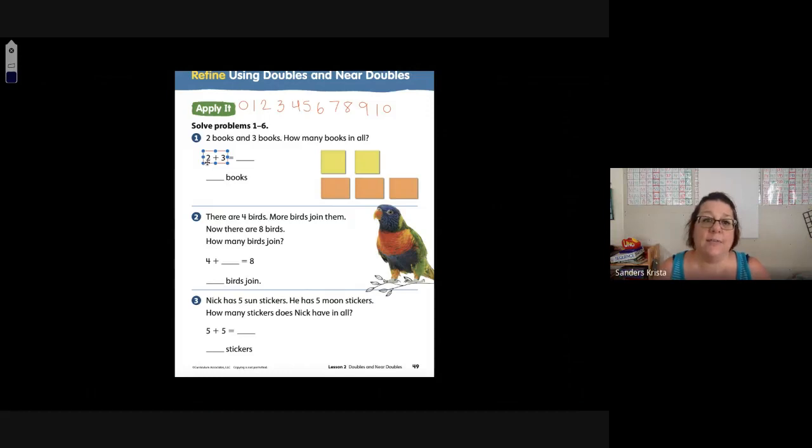So if I have 2 and 3, I can add 2 plus 2 and then add 1 more, right? Or I can do 3 plus 3 and take 1 away. And that will get me to the same whole or the same total. So those are just 2 different ways that we can think about that.